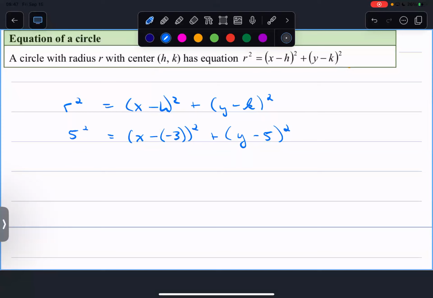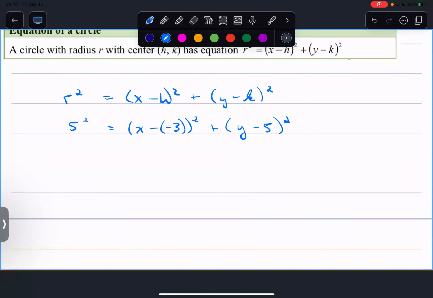Wonder how far we should take this thing. 25 equals x minus -3, which is the same as x plus 3 squared, plus y minus 5 squared.